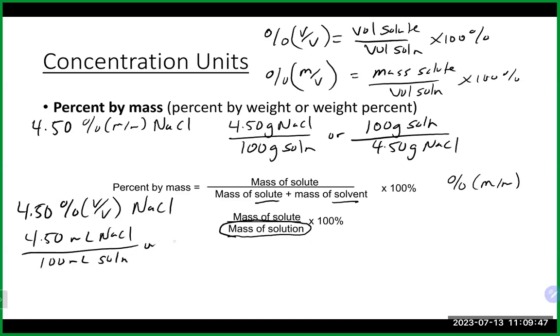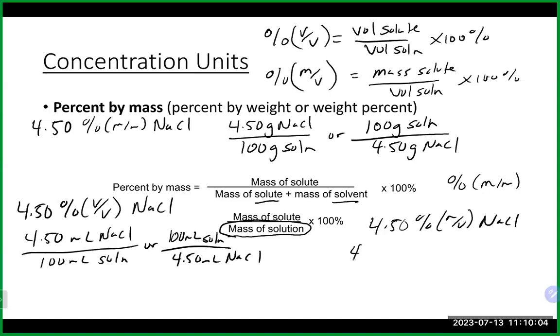Or again, if you needed to flip it around, 100 milliliters of solution, you have 4.5 milliliters of sodium chloride. And lastly, if you had a 4.5% mass to volume sodium chloride, that would mean you have 4.50 grams of sodium chloride in 100 milliliters of solution.